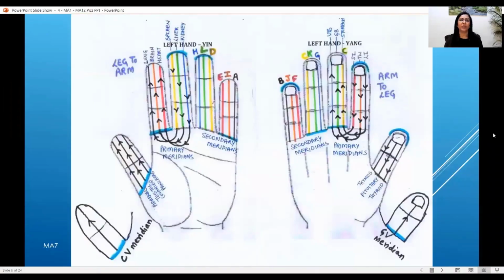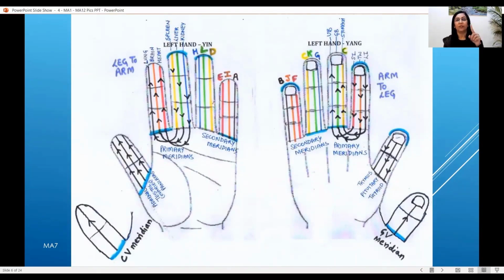Now, this picture shows you all the meridians on the yin side and the yang side. Let me explain this picture thoroughly because all the meridians are demonstrated on it, and it will give you a complete picture of how the meridians are. On the yin side, the primary meridians are on the first finger and the middle finger. All right.